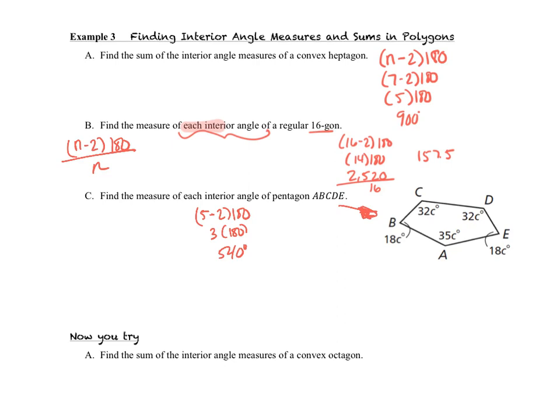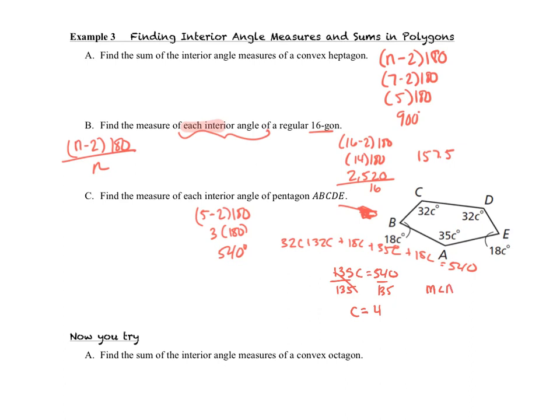I can add all of these up and set them equal to the 540. Plus 18C equals 540. So C equals 4.